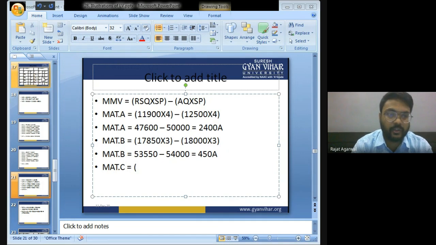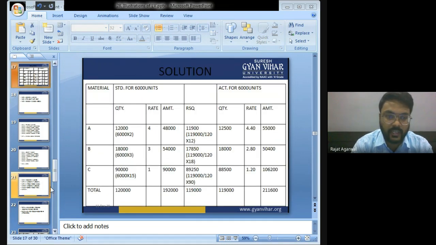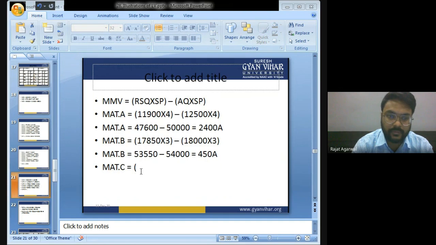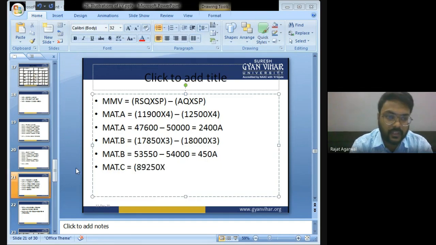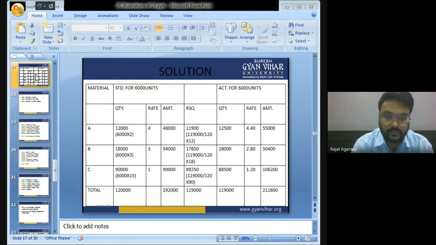Now material C. Revised standard quantity of C is 89,250. Standard price of C is 1.